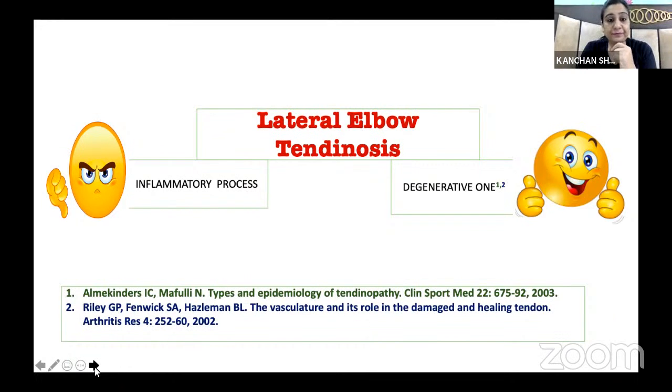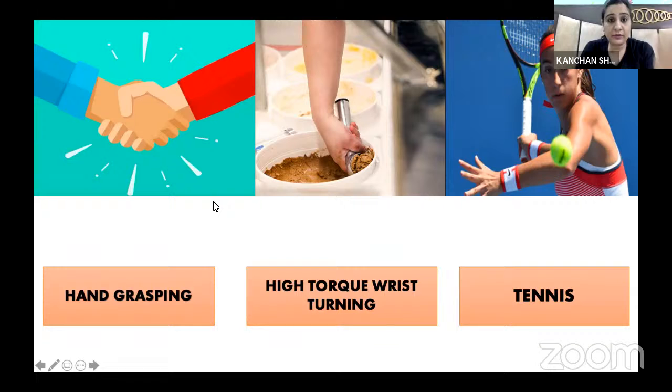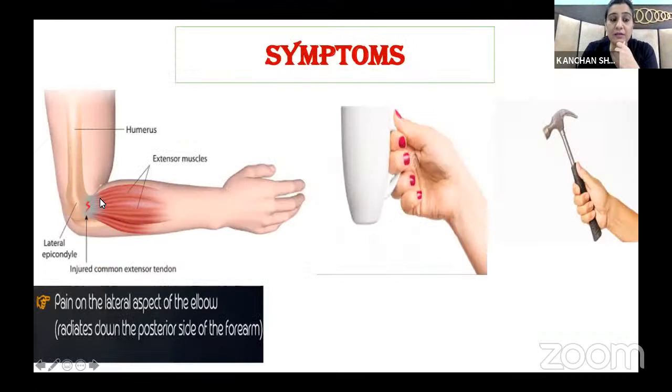This is more common in individuals involved in hand grasping activities or high torque wrist turning activities, like when you have to scoop ice cream, and tennis players, as the name suggests. The pain is going to be over the lateral epicondyle. The patient finds it difficult to hold a cup of tea or a hammer.